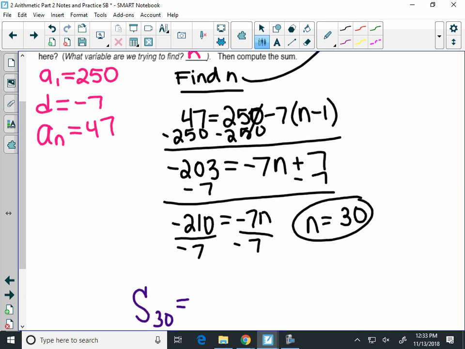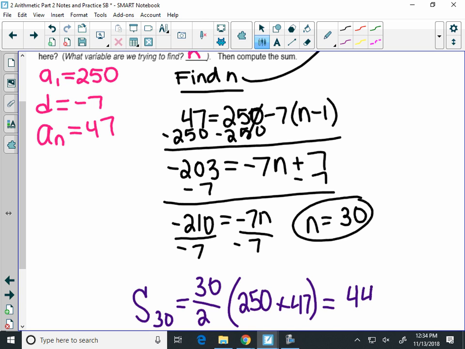Equals, well, n is 30, we said, so I have 30 over 2 times the first term, which is 250, plus the last term, which is 47. Okay, calculate for me. What do you get? 4,040. Yes. Because I found both pieces of information. Found out that we're adding up 30 terms, we have 4,040.